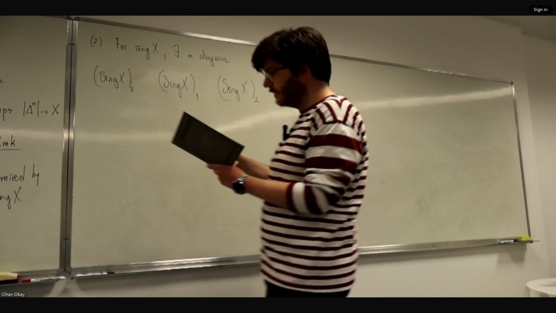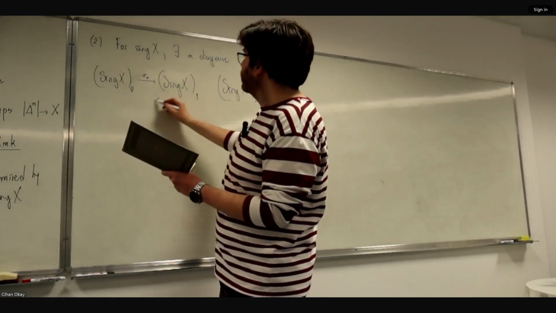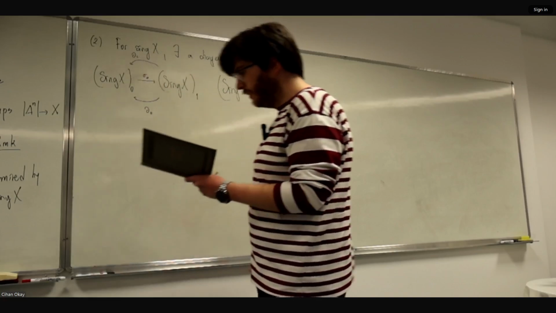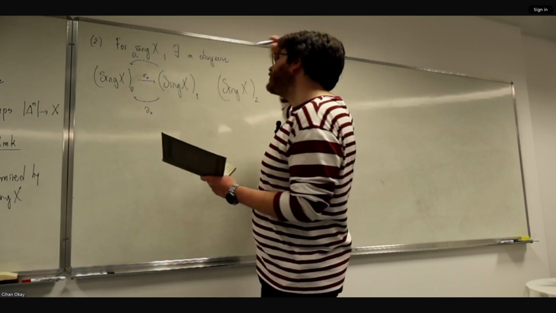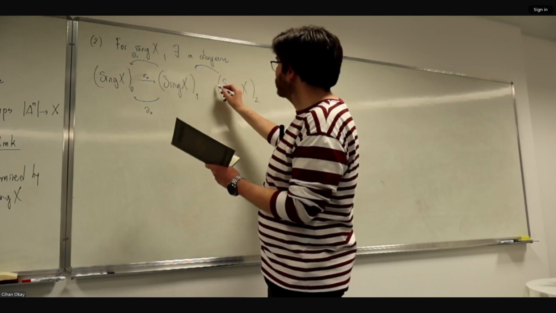Here we have sigma 0, and delta 0, and delta 1. And likewise, you will have 3 maps like this.